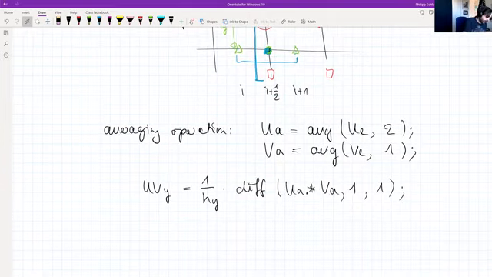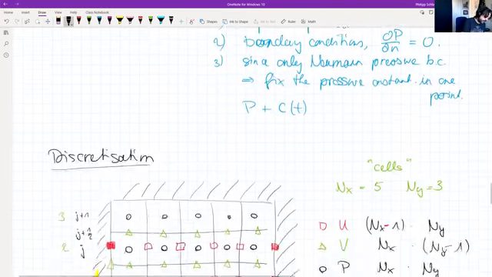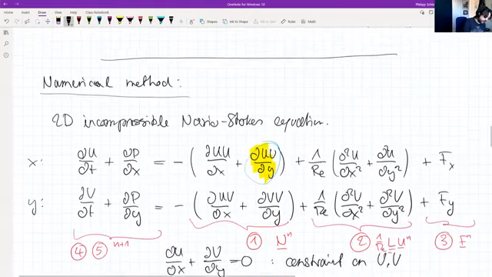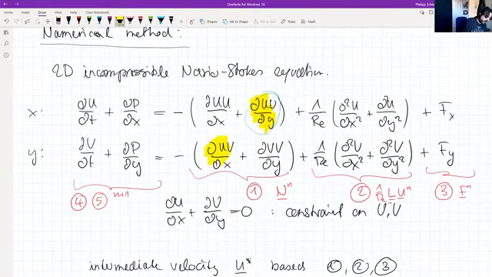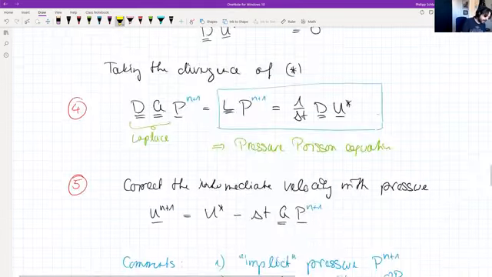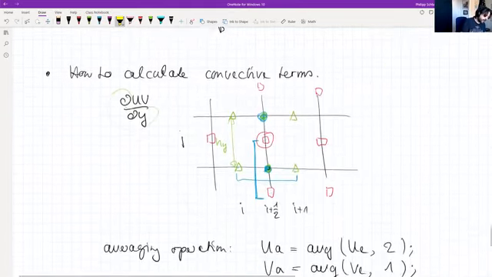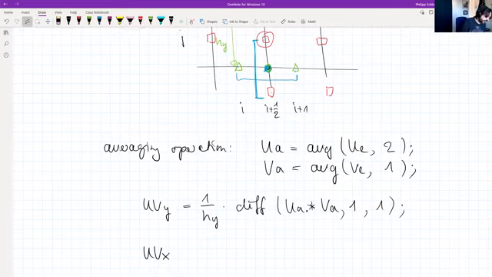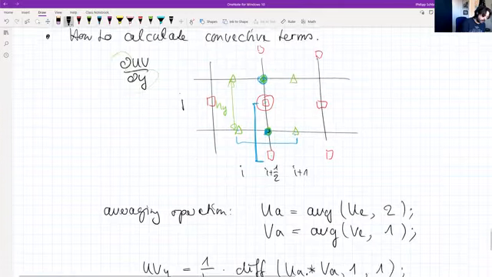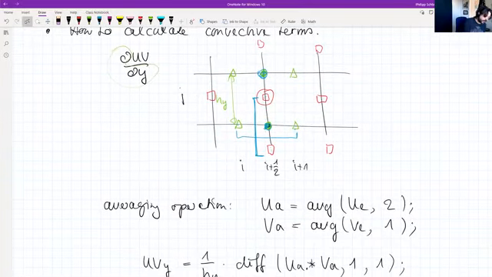Of course, in the same way, you can also calculate UVX, for instance. That would be the term that is relevant for the, where do we have it? That is this guy for the vertical momentum equation. Also there, the thinking is exactly the same in a sense that now, because we're in the normal momentum equation, we actually need to get the result in this point here.